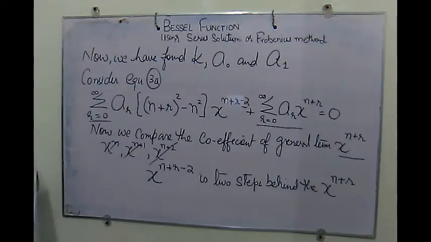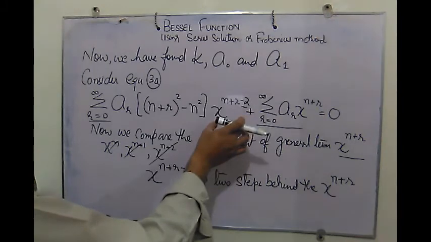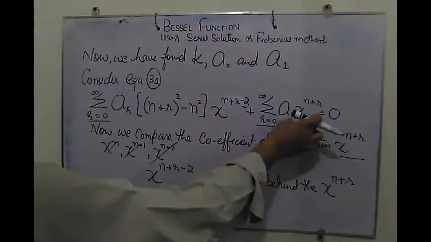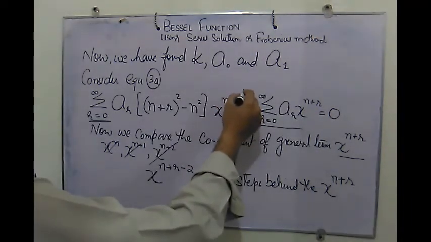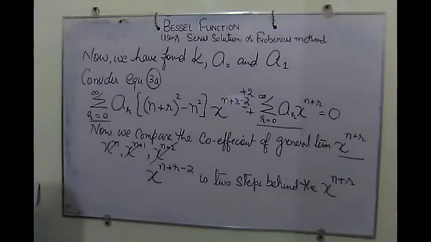So in equation 3a, we omit the summation sign, and we do not put r plus 2 here because it is already n plus r. In order to make them equal, we just introduce a plus 2 here so that they both become n plus r and n plus r. Then we can compare the coefficient on the other side.